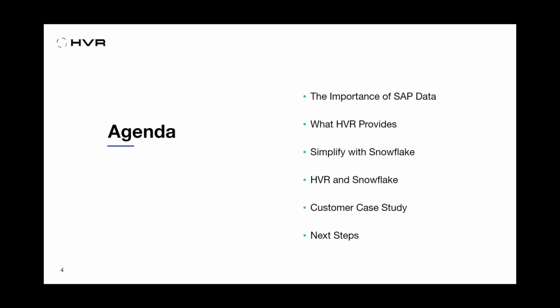And then John's going to take us through how Snowflake can really simplify your life. You guys have probably heard of Snowflake before, but John's going to give you some really interesting insights there. And then finally, getting into HVR and Snowflake together, why we work so well and why we're seeing such great success, and then talk a little bit about a customer's case study.